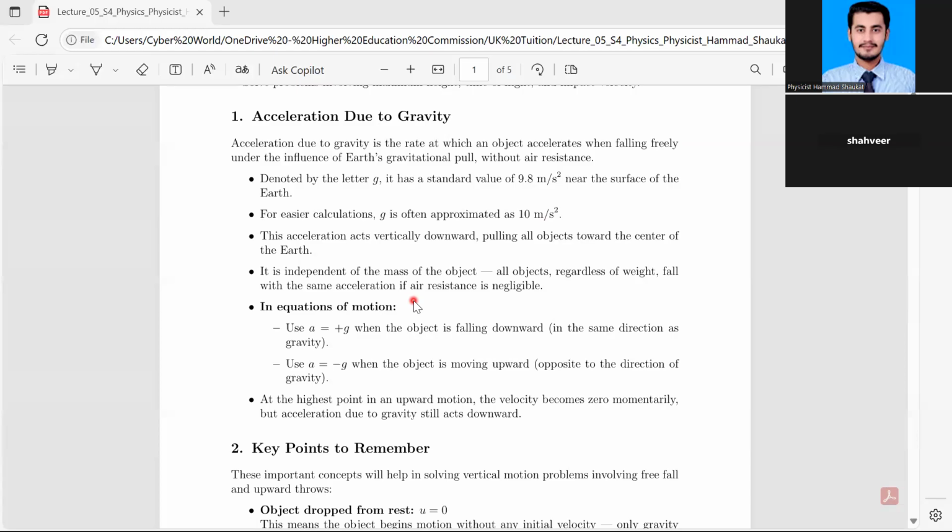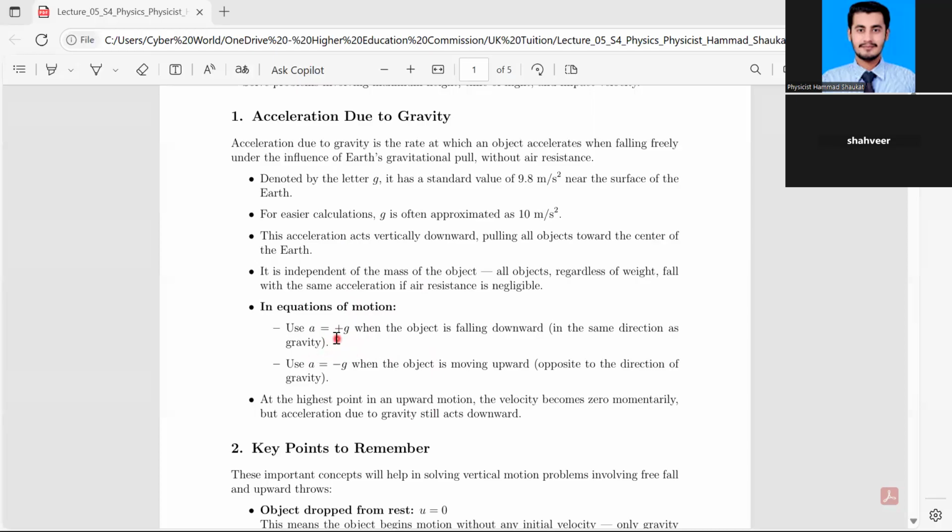As you know that there are three equations of motion, and what I told you before, you have to just replace your a with the g, because acceleration also means gravitational acceleration. Because we are concerned with the gravitational acceleration, you have to replace a with g in your equations of motion.